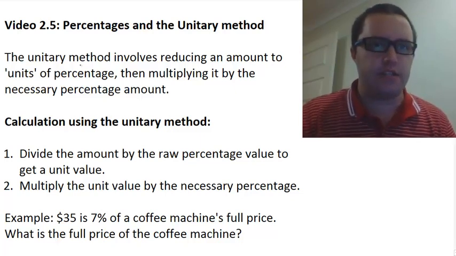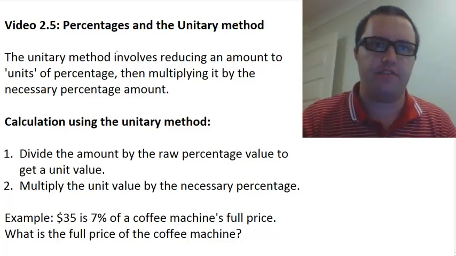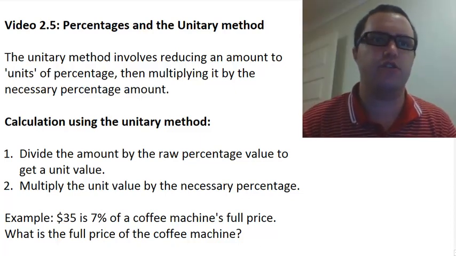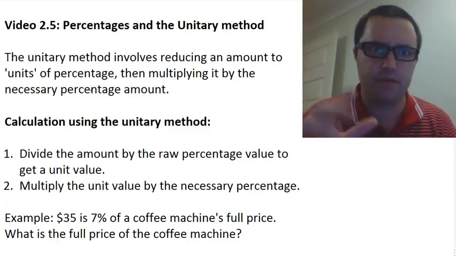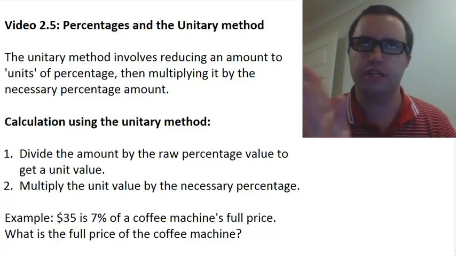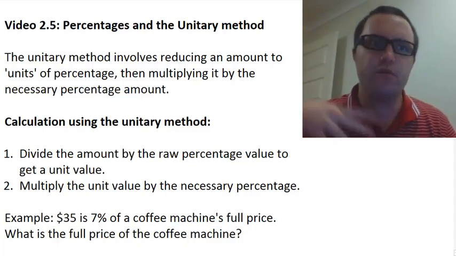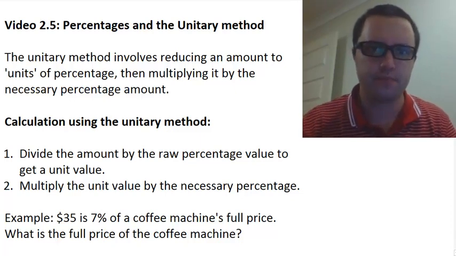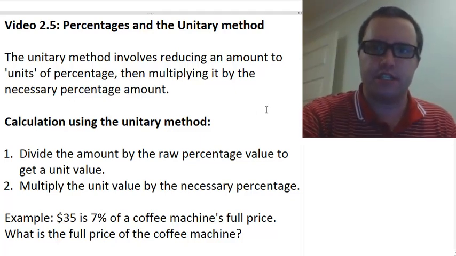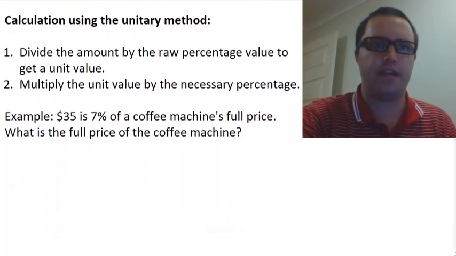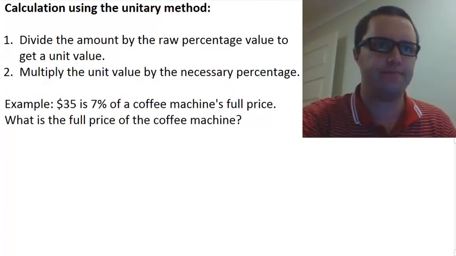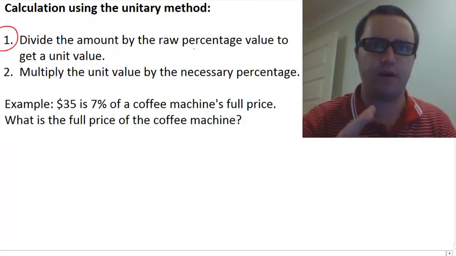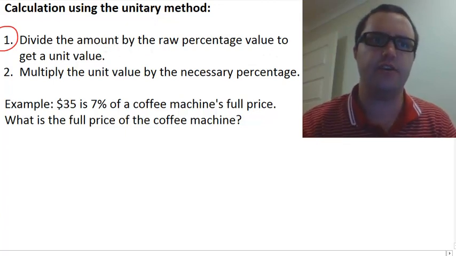Okay, so essentially, the unitary method involves reducing an amount to units and pieces of percentage. Okay, so individual 1%, then multiplying it by the necessary percentage amount that you're looking for. So there's essentially two steps that we need to worry about with calculation using the unitary method. Firstly, we divide the amount by the raw percentage value to get a unit value.